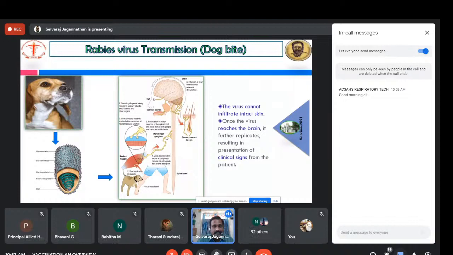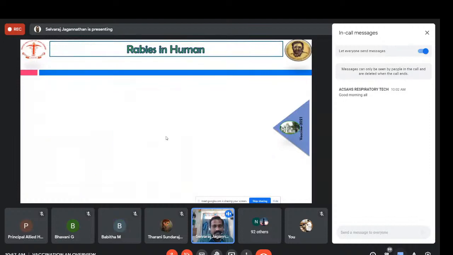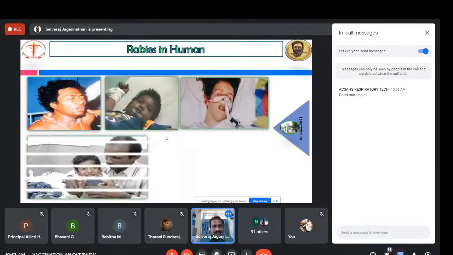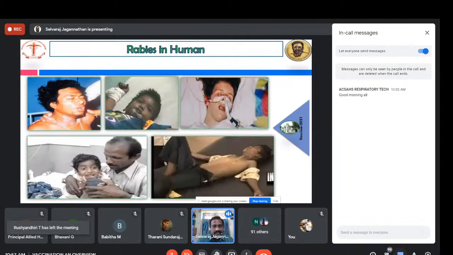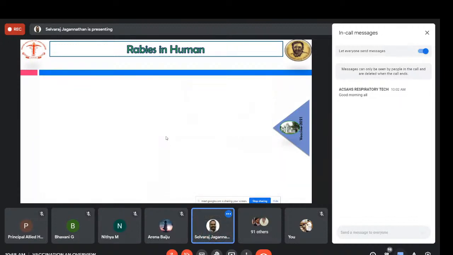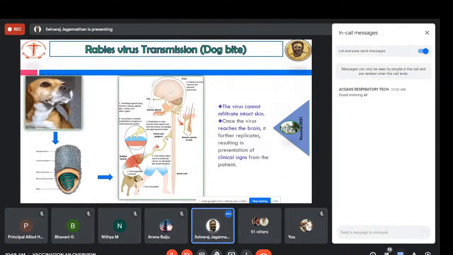Once the virus reaches the brain, it further replicates, resulting in the clinical signs in the patient. What are the signs? You can see them here: hydrophobia, photophobia, aerophobia, and spasm, and finally the person dies. Why and how does this happen? The brain controls our entire system: walking, moving, any kind of activity, seeing, digestion, everything.